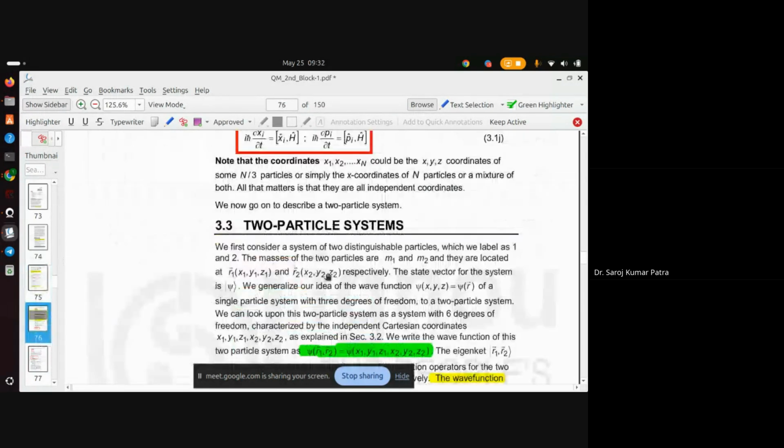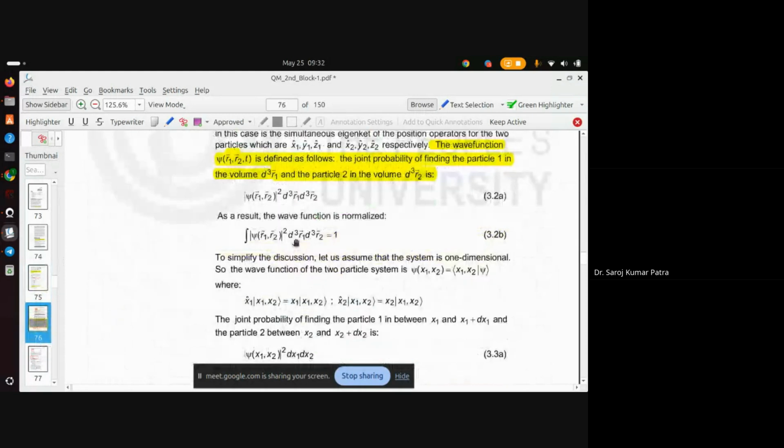Here we are doing the same thing: dx1 dy1 dz1 makes d³r1, and dx2 dy2 dz2 makes d³r2. In the normalized condition, this must be equal to 1. The wave function is normalized, so the total probability of finding those two particles in the whole space should be unity.